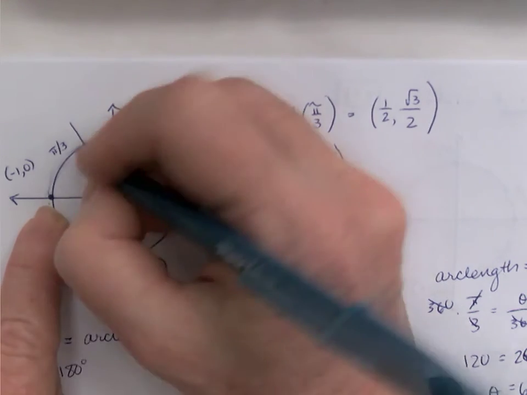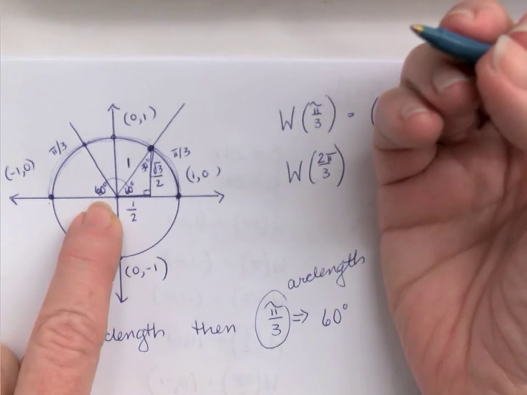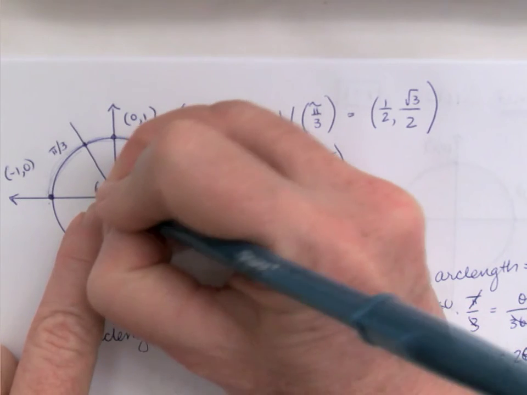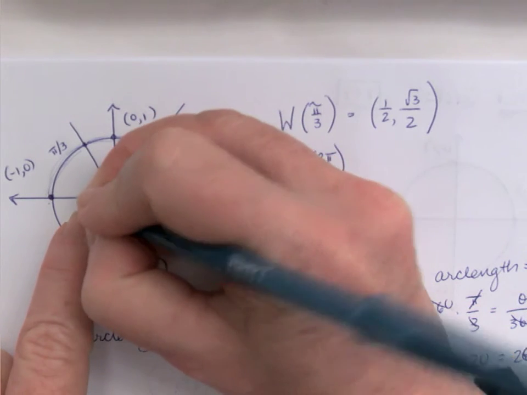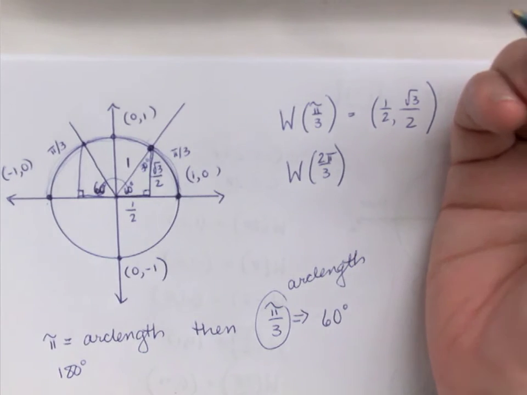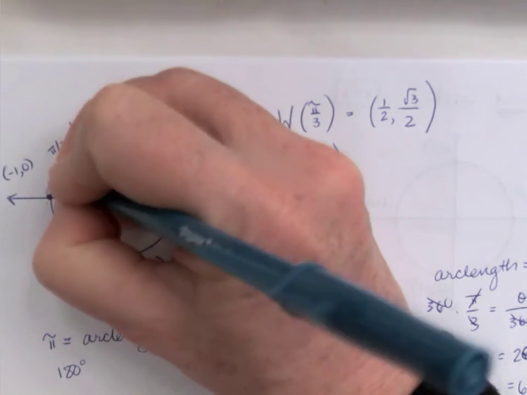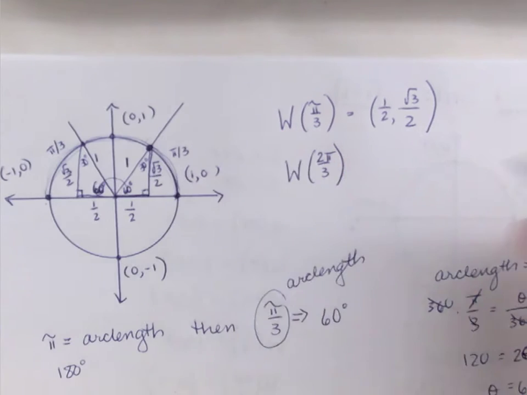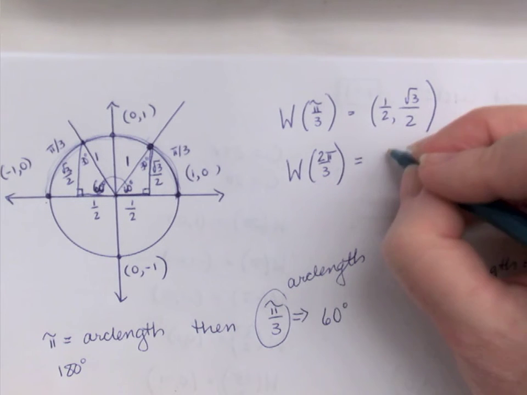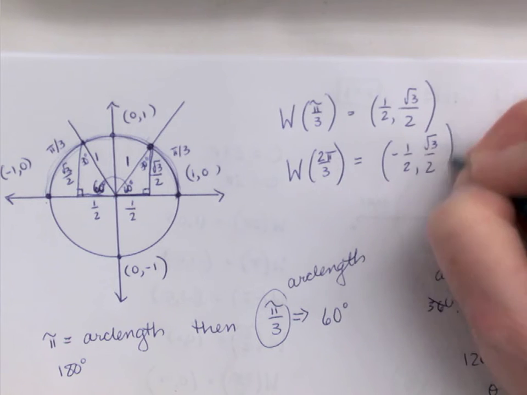And if this arc length is pi over 3, then this angle, which in fact is important to me, is 60 degrees. And the reason that this is important to me is because when I go to plot a point, I go back and up. So there's my right triangle. And then this is 30 degrees, this is 1, we have 1/2, we have root 3 over 2. So wrapping 2 pi over 3 is going to put me at -1/2 and root 3 over 2.